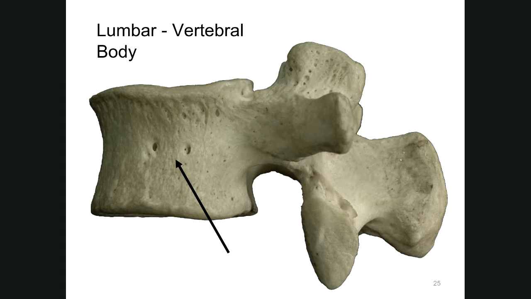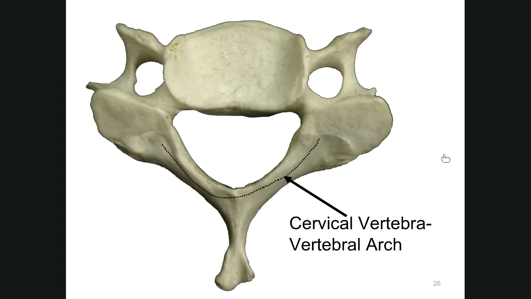Okay. So now I'm going to show you a structure called the vertebral arch. The vertebral arch is this portion of bone that sits all along. This is called the vertebral foramen, this hole here. And the vertebral arch sits on the back side of the vertebral foramen.